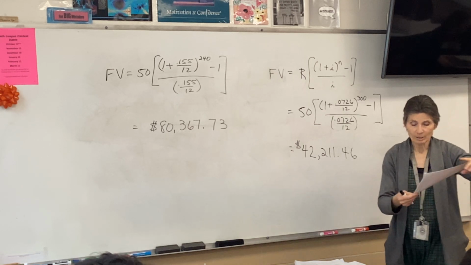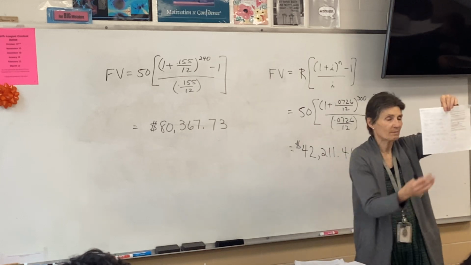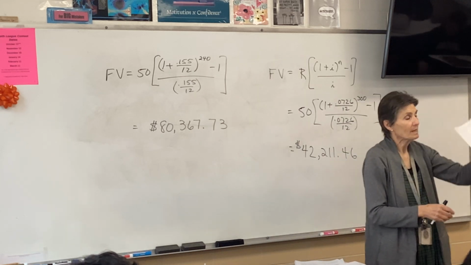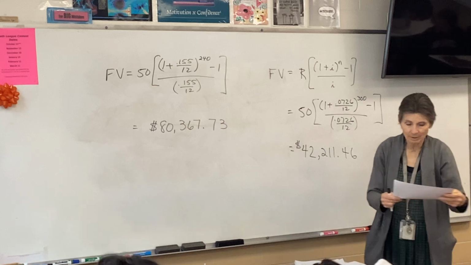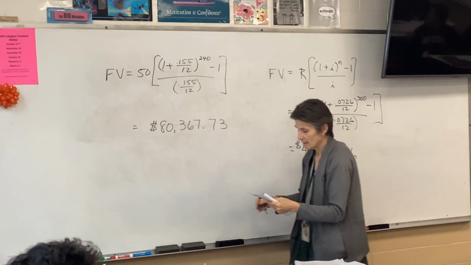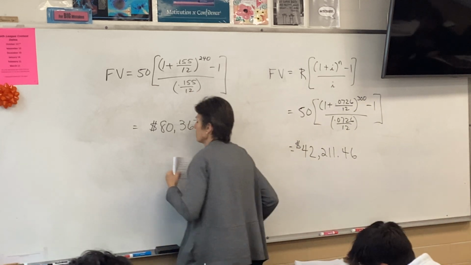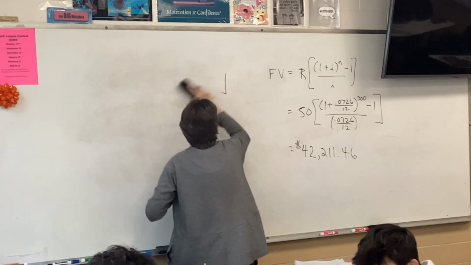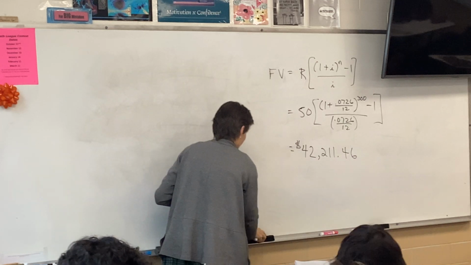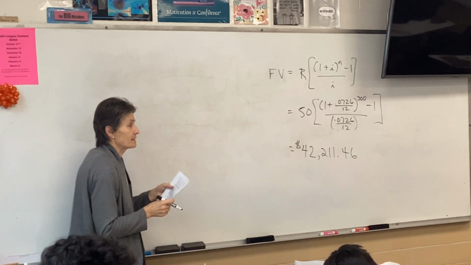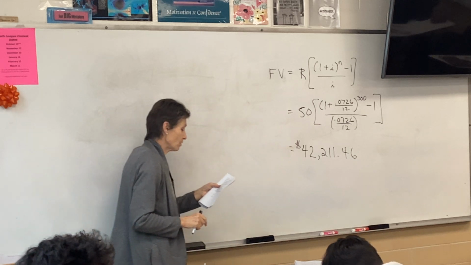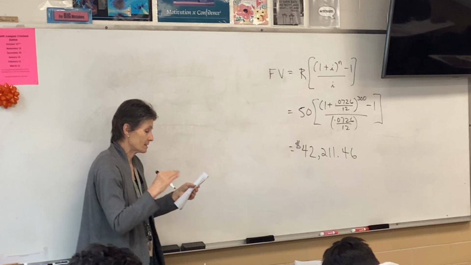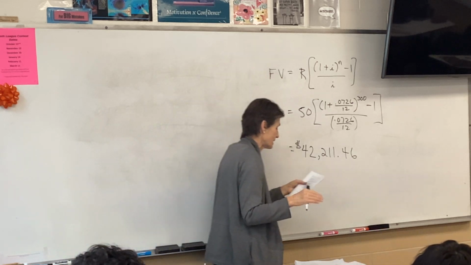I'd like you to look at review sheet number 1, the very front, the first side, and let's take a look at problem 8E. Current credit card balance on an account is this. The interest rate is this.